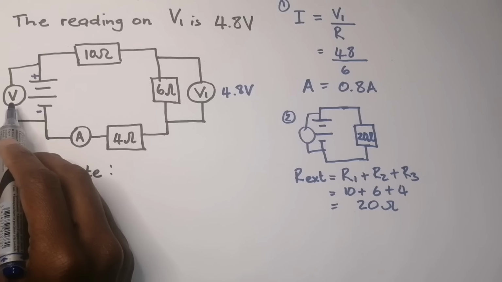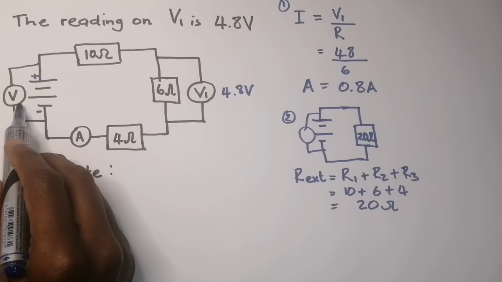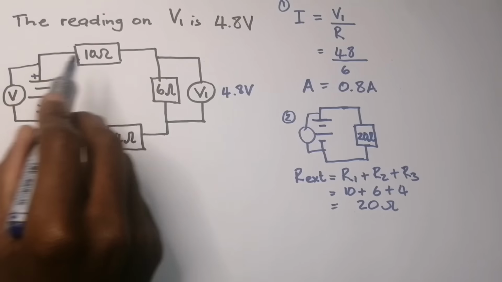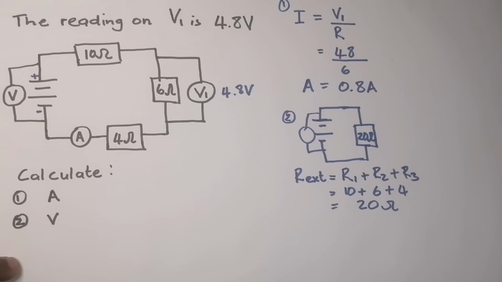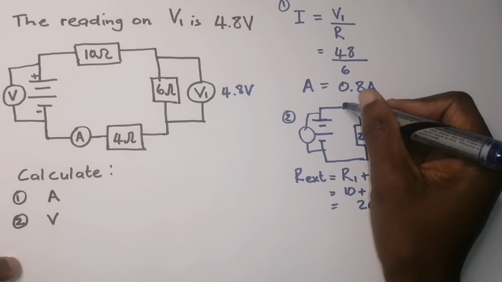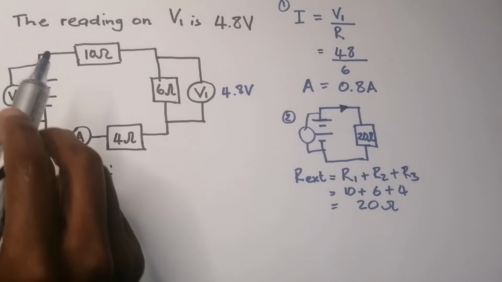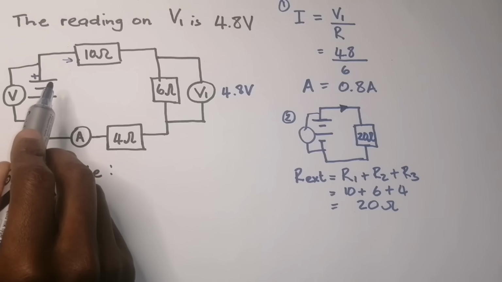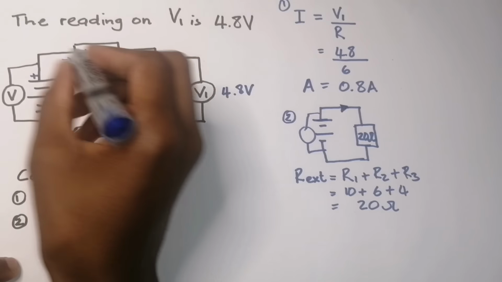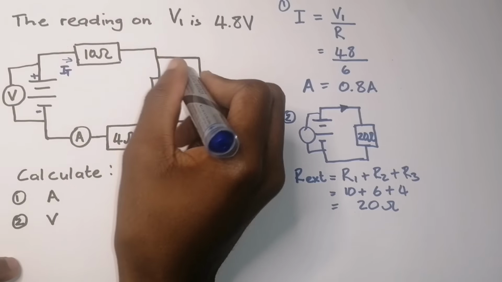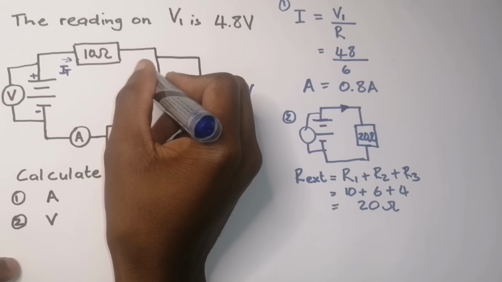Now that we've got our resistance, what we wanted to find out was the reading on V there. Remember, V supplies all our resistors. Now please note, what did we say about resistors in series? We said current is the same. So the same current that passes there, I total, is the same current that passes across the 6 ohm, that's I total.